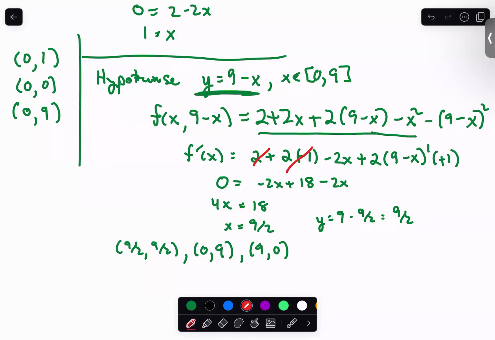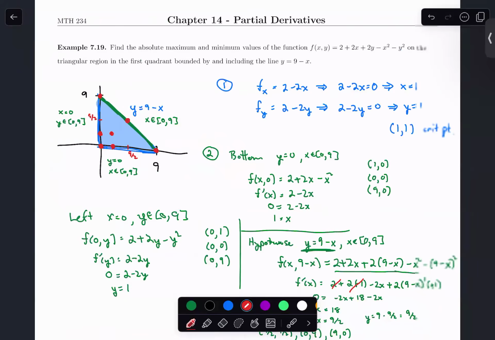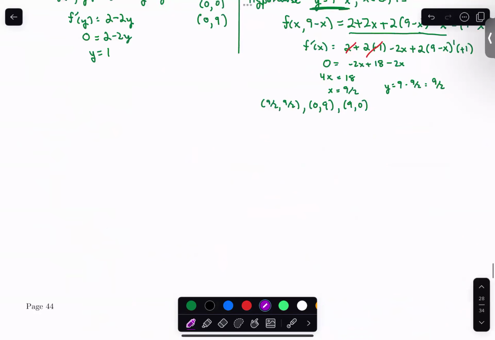So going back to my picture, 0, 9 and 9, 0 are already on there. But the 9/2, 9/2 is not on there. So 9/2, 9/2. That's like 4.5 right in the middle there. All right, well, we've done the hard bit here. Now let's go ahead and write all these out and figure out which is the largest and which is the smallest.